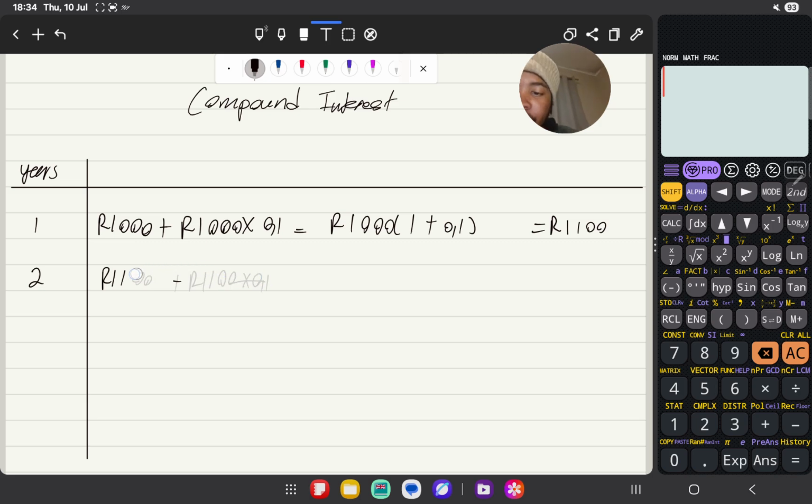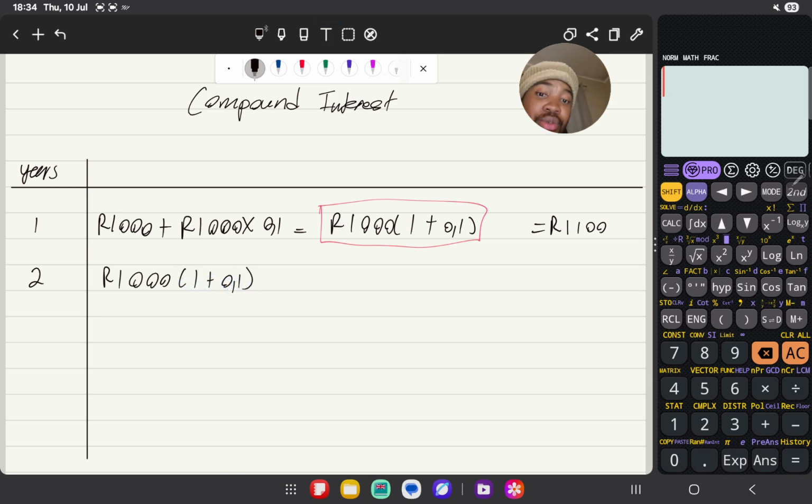The money I have at the beginning of the year is this amount. So I'm going to invest it. I'm investing 1,000 times (1 plus 0.1).